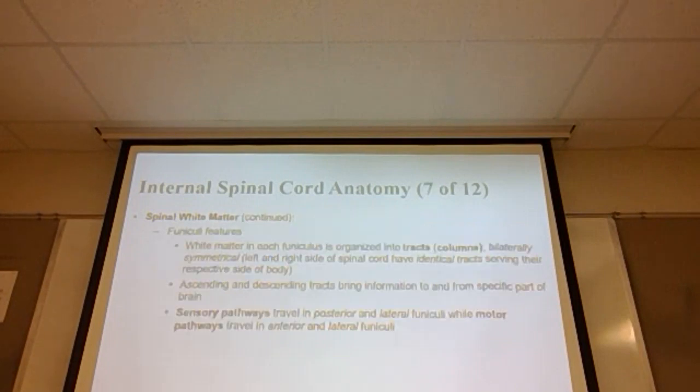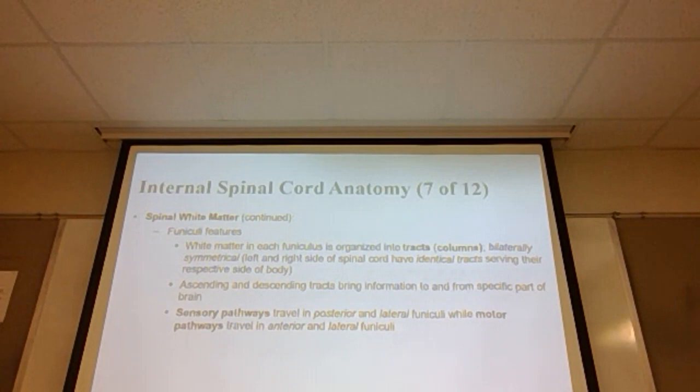Each funiculus is organized into tracts or columns. They are bilaterally symmetrical. In other words, they have a left and right side. The left and right side of the spinal cord have identical tracts serving their respective side of the body. So there's white matter on the left side that controls lung function, and there's one on the right side that controls lung function.